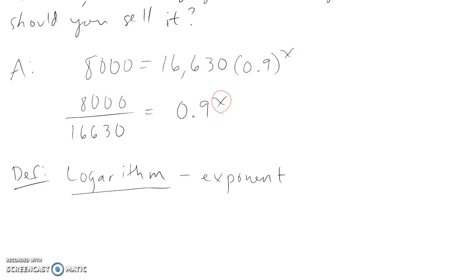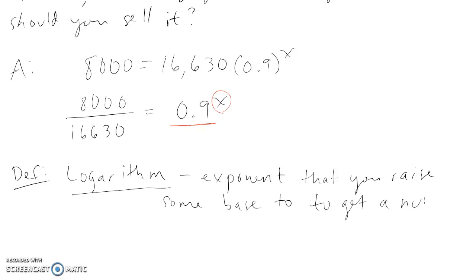So we want to find an exponent that you raise some base to, our base in this problem being 0.9, to get some number. And in this case, our number that we want to get here is whatever 8,000 over 16,630 is.